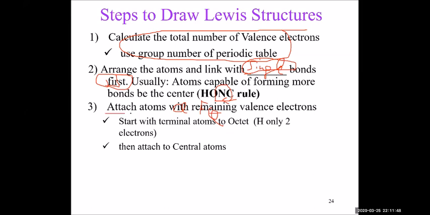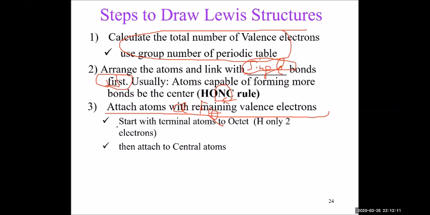That's why we do step 3. We use all the remaining valence electrons to spread around those atoms, and make sure all the valence electrons show up in my Lewis structure. That's very important.